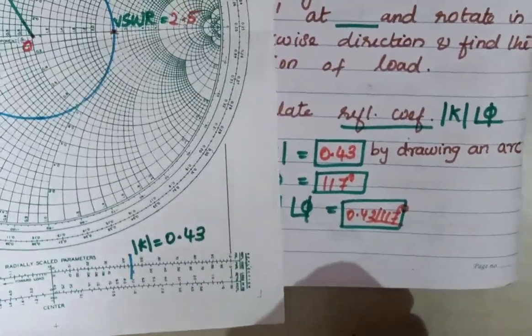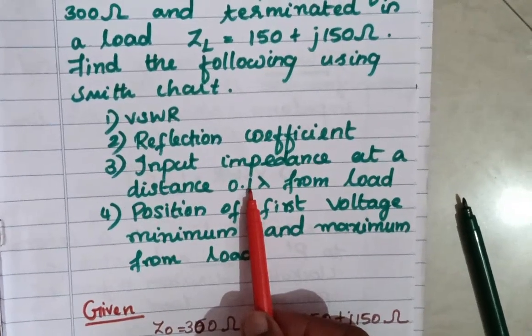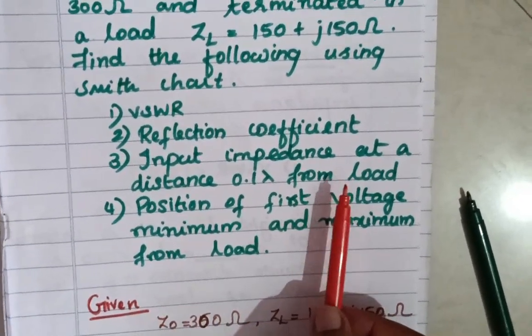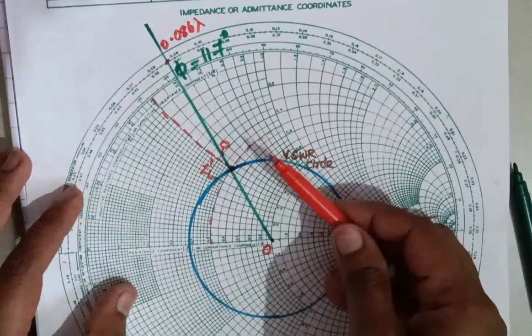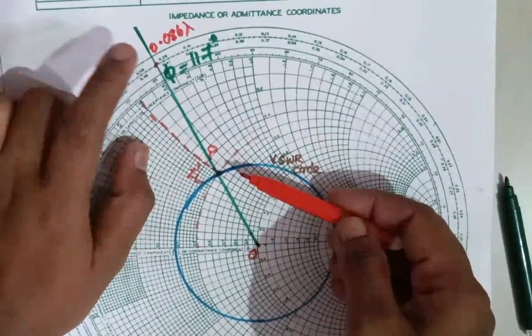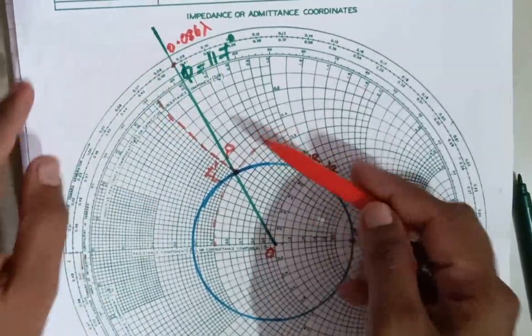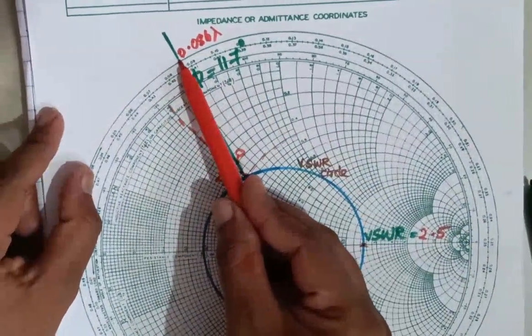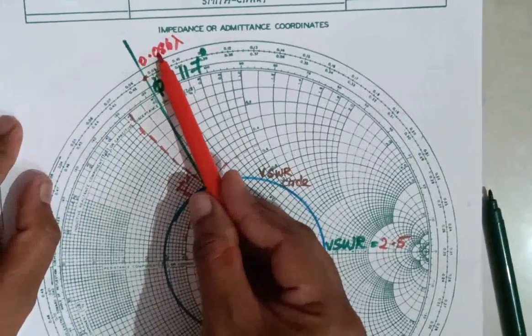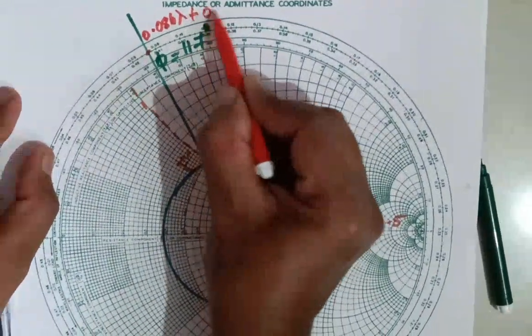The third one is to calculate the input impedance at a distance 0.1 lambda from the load. This is the location of the load. We want the input impedance at a distance of 0.1 lambda from the load. So the location of the load is at 0.086 lambda. We just add that 0.1 lambda.